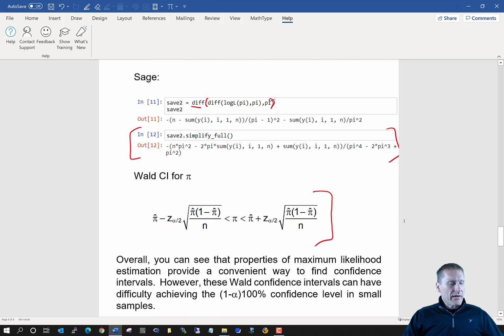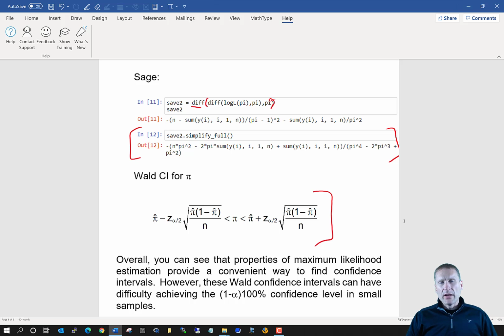Now, one thing that we talked about was that this Wald confidence interval often doesn't work well. Partially that is due to the fact that y itself has a discrete probability distribution, and we're using a continuous probability distribution, the normal distribution, with it.